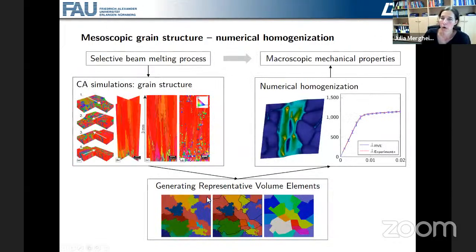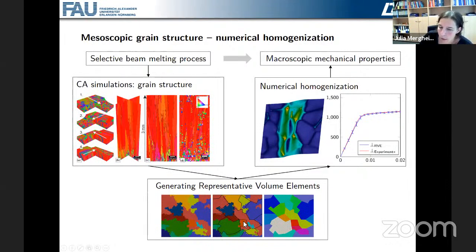So here's a kind of overview of how that looks. We have the selective beam melting process. From that, we can simulate the grain structure. Here we see on the left-hand side at the bottom how this grain structure then looks, in this case also a horizontal cut.